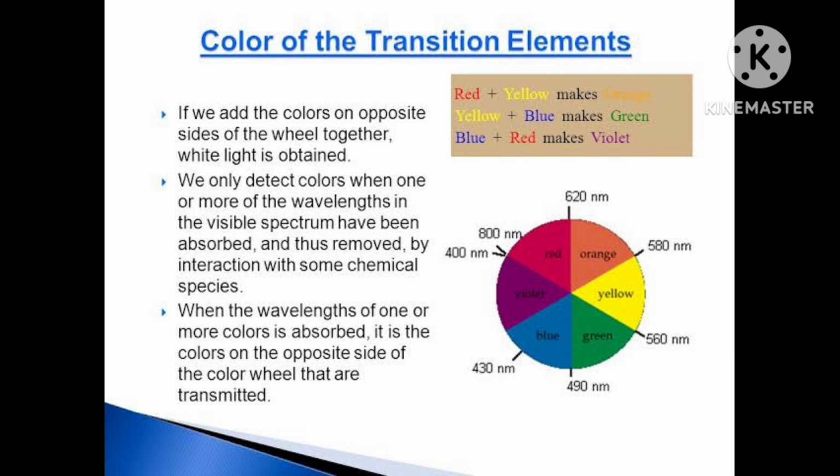Scandium 3+: in 3d no electron is there, 3d0, so n is equal to 0 and the number of unpaired electrons is 0. If you put n equal to 0 in the formula, you will get 0. The calculated value is 0, and the observed value is also 0.